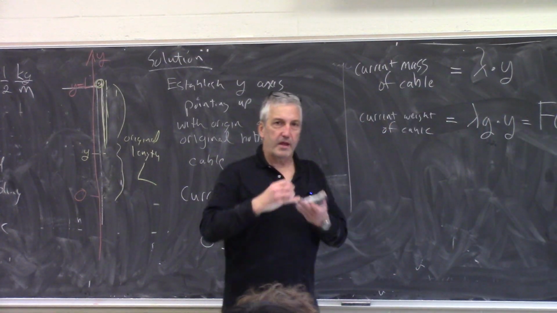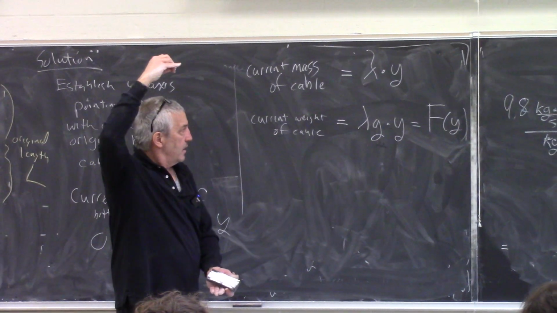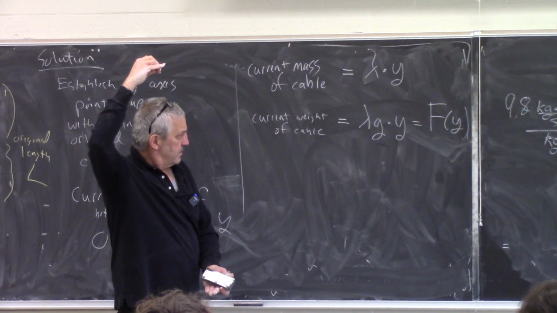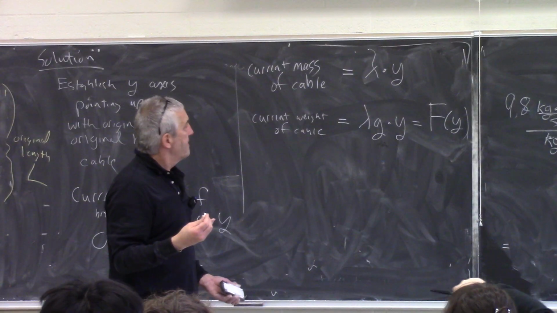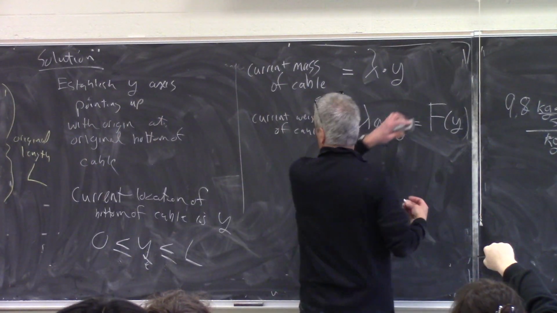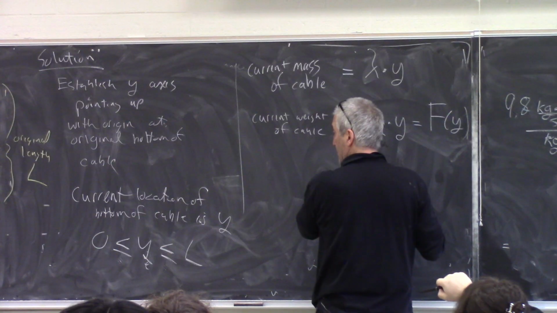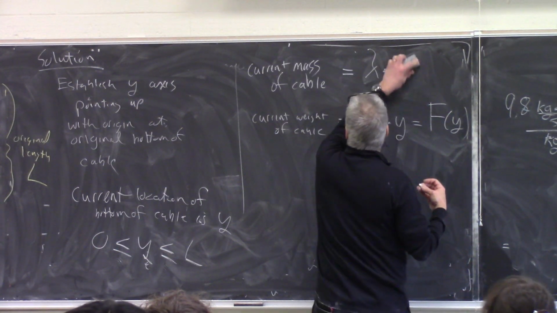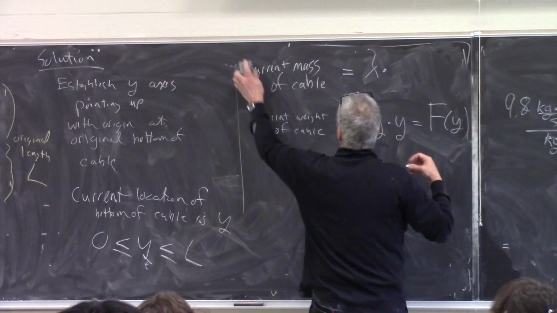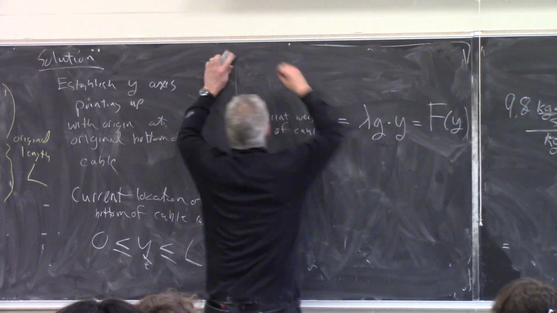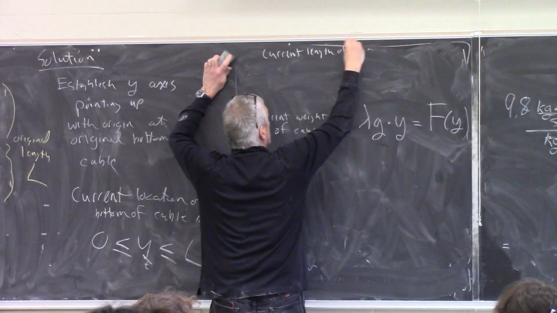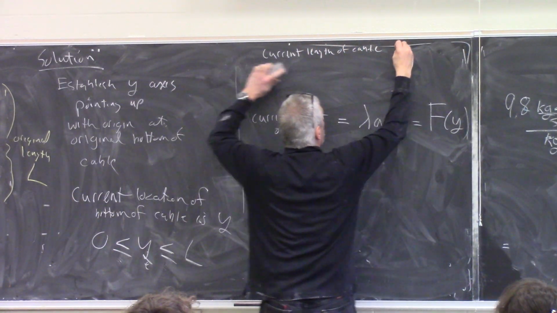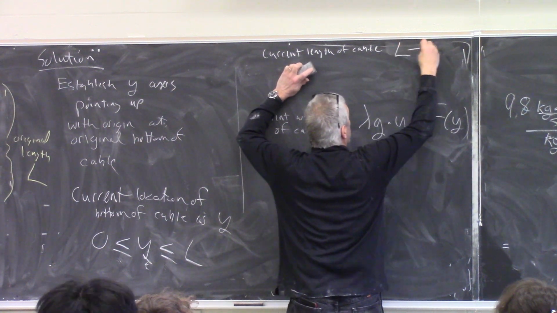So notice when the cable is fully unspooled, that's not right, is it? Is your y the distance from the initial spot to where it now is the bottom? Right. What I need to have here is the length of the cable. Let me go back up here. The current length of the cable is L minus y.